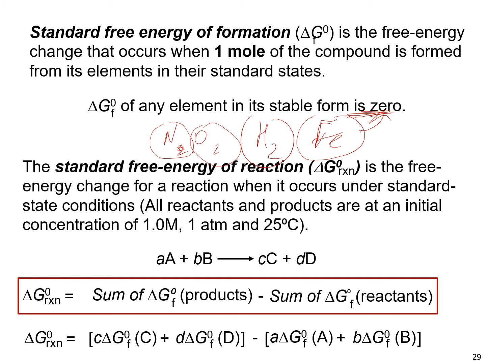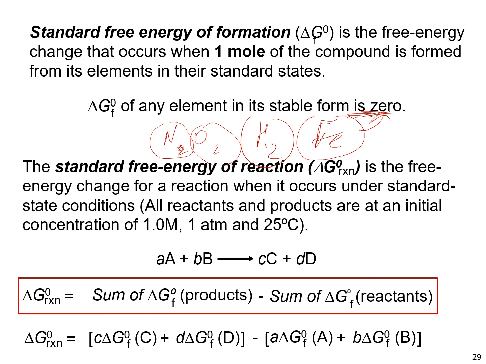So it's the same idea for enthalpy, entropy, and G. How can I ask you a question? I'll give you entropy values and enthalpy values for A, B, C, D and ask you to calculate delta G naught.